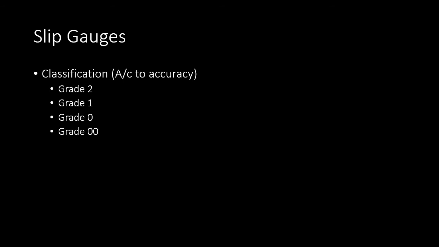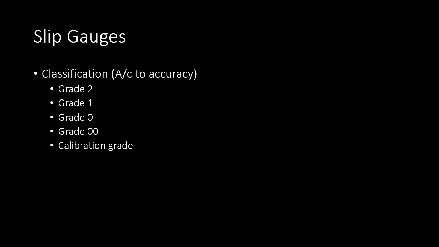Then the next higher grade is grade 00. This is kept in the standard room and is kept for work of the highest precision only. A typical example of its use is the determination of errors present in the workshop or grade 2 slip gauges, and this is done occasionally.